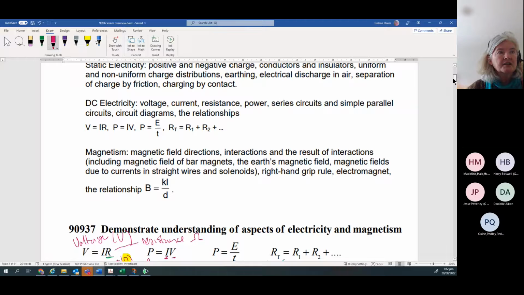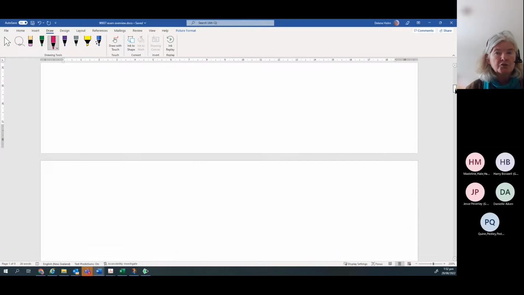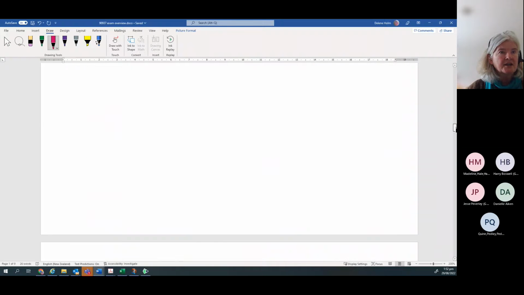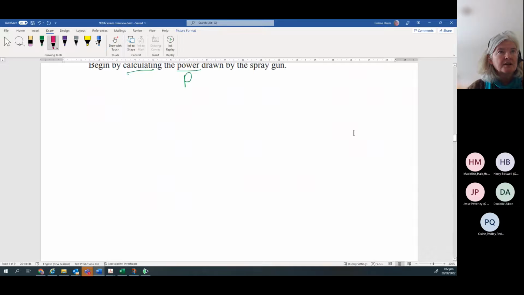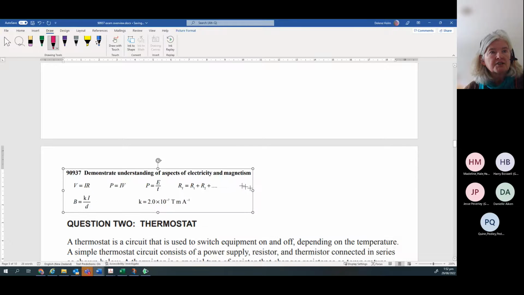So you just take this, and I'm just going to go Control C. Remember, go to your resource booklet and have it open. I'm just going to dump it in here. I'm going to make it really small.